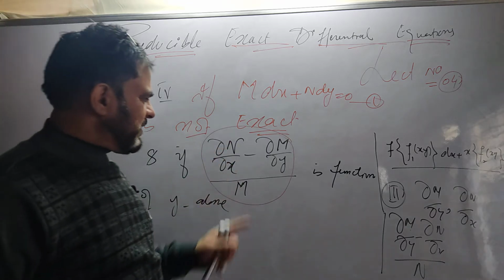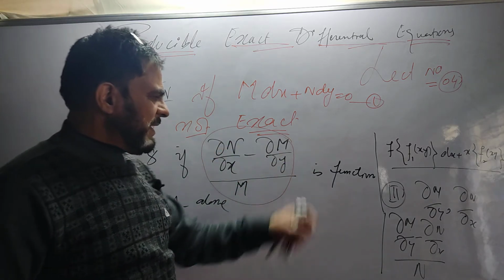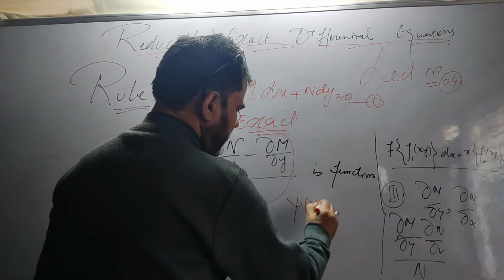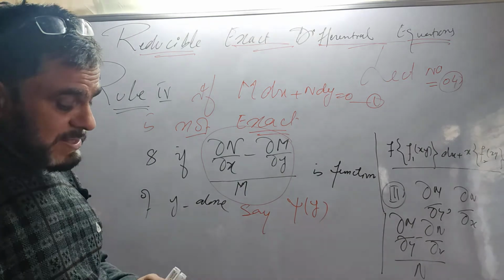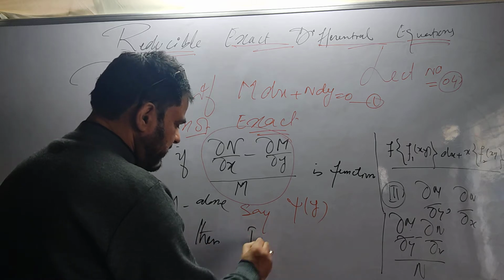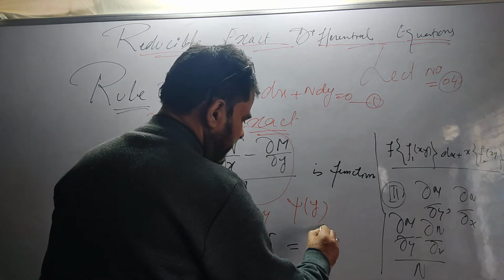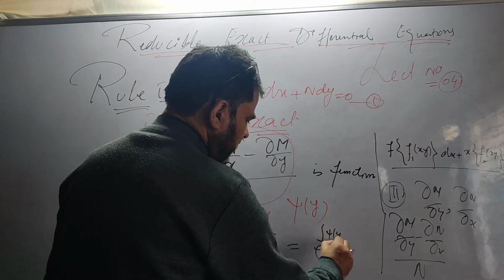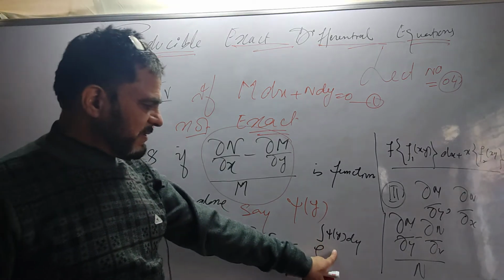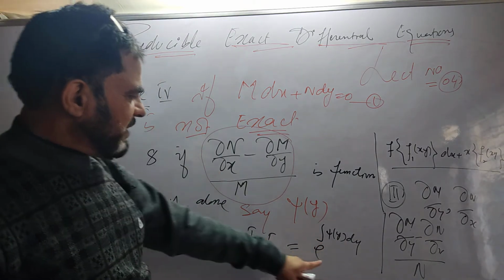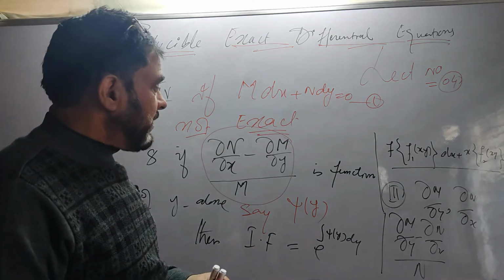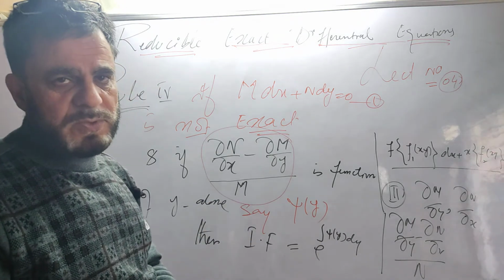If del N by del x minus del M by del y, divided by M, is a function of y alone, say some function psi of y, then the integrating factor is e raised to the power integral of psi of y dy. We evaluate this integral with respect to y and multiply both sides of the differential equation by this integrating factor, and you will see that in this case it comes out to be exact, then we solve it as usual.